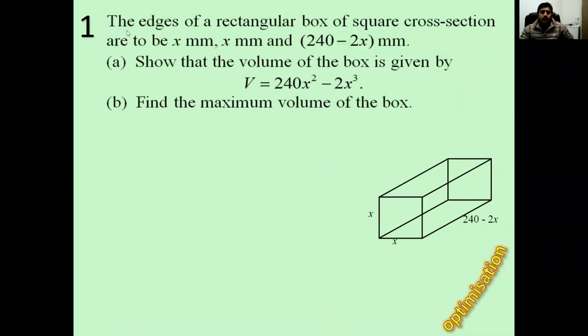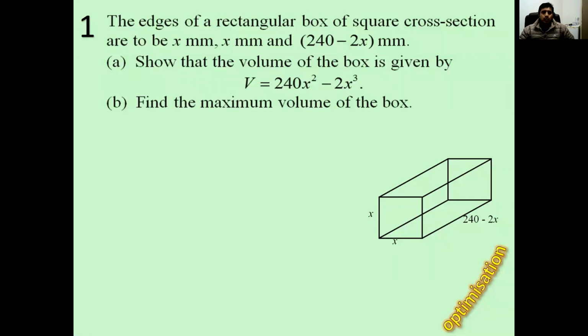So let's go to our first question. In this question, the edges of a rectangular box that you can see on the screen. And they tell us the dimensions: the length is x, the height is x, and the breadth is 240 minus 2x.